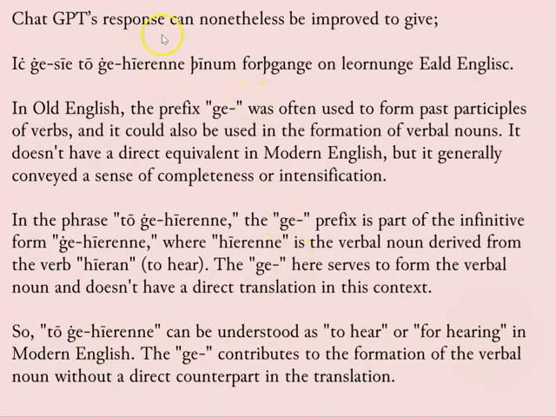All right, so ChatGPT's response can nonetheless be improved to give: ich ġesir tō hīrene thīnum fǣrgange on lērunge eld English. Now, if the dative is going to be used here after these verbs, which you can do, the accusative does not have to follow, but then this part here needs to be in the accusative.